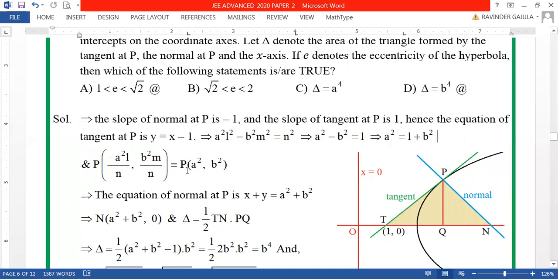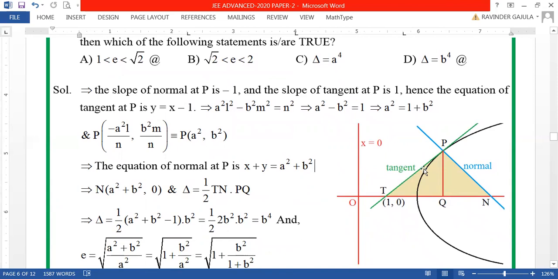So point P is a square comma b square. Now the normal at P with slope minus 1, otherwise making equal intercepts on the coordinate axes, can be taken as x plus y equals a square plus b square. Now you can see the diagram on the side.